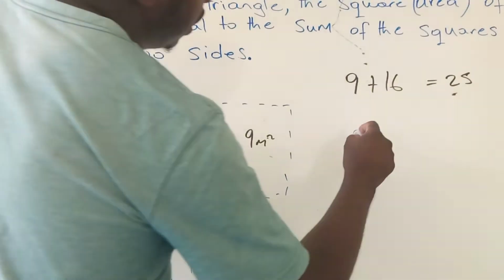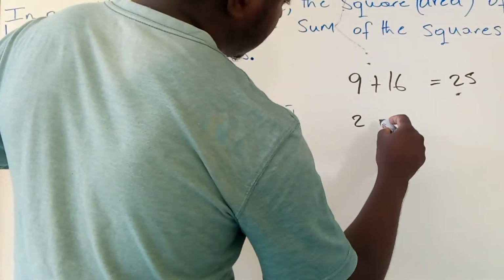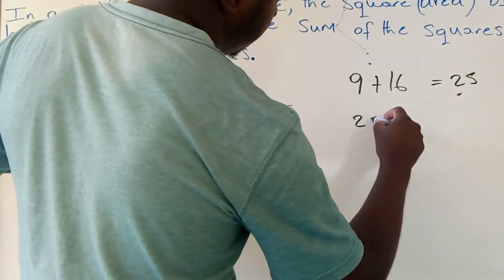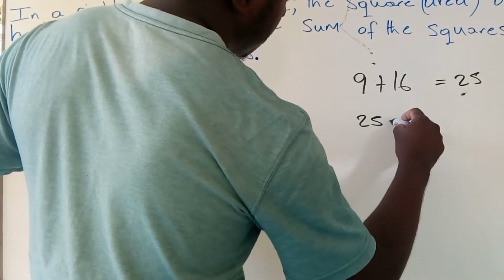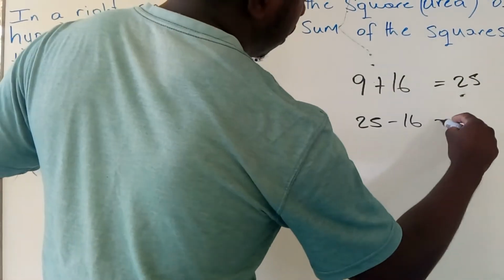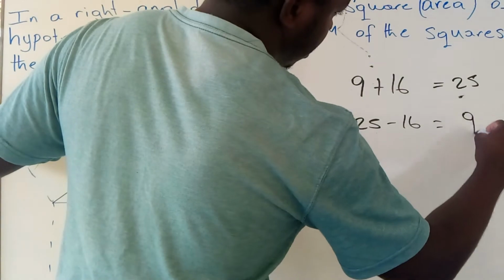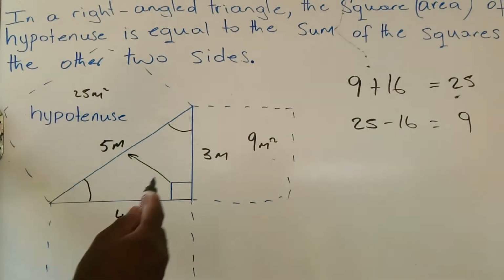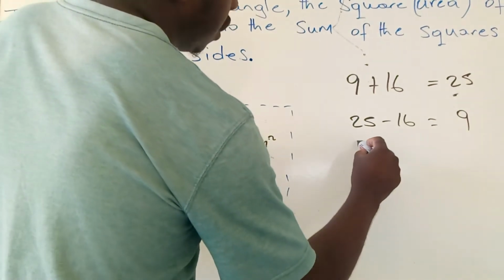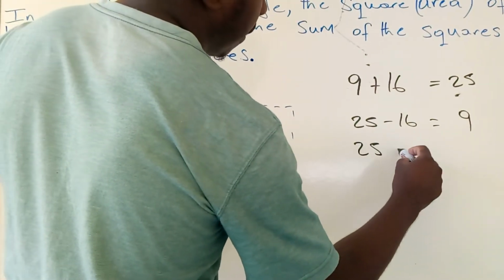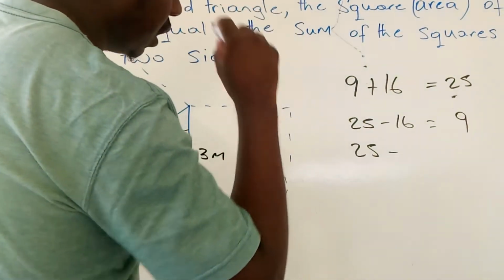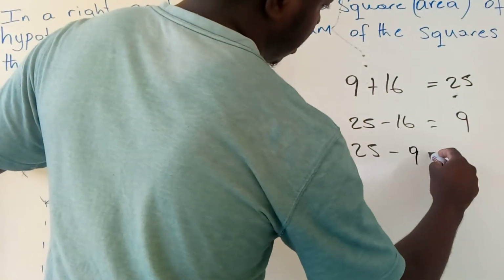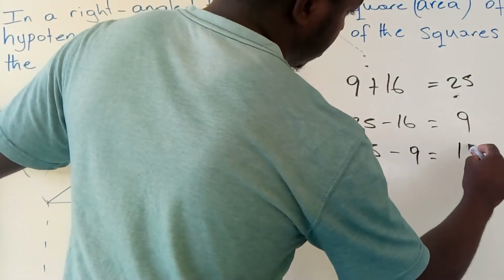Note too, if we have 25 minus 16, that will give us 9, and that's very interesting. And also, if we have 25 minus 9, that is equal to 16.